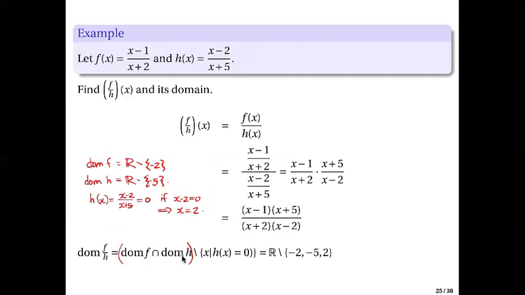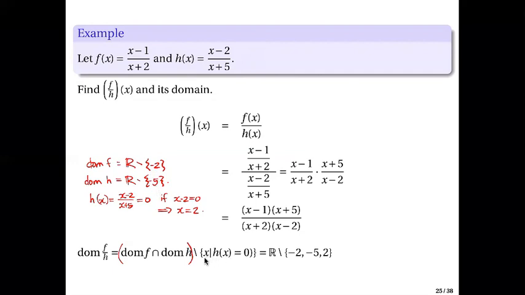Domain of f intersection domain of h, take note of that, take away all the x that will make h of x equal 0. So the domain of f intersection domain of h, these two here, is the set of real numbers, remove -2 and -5.